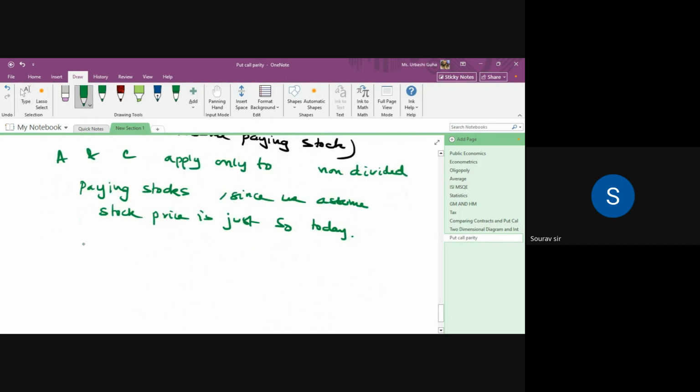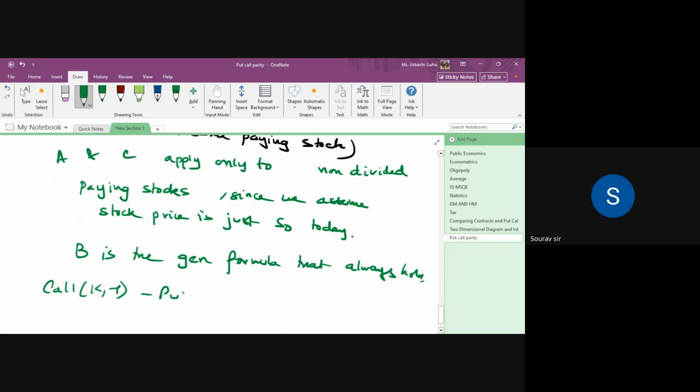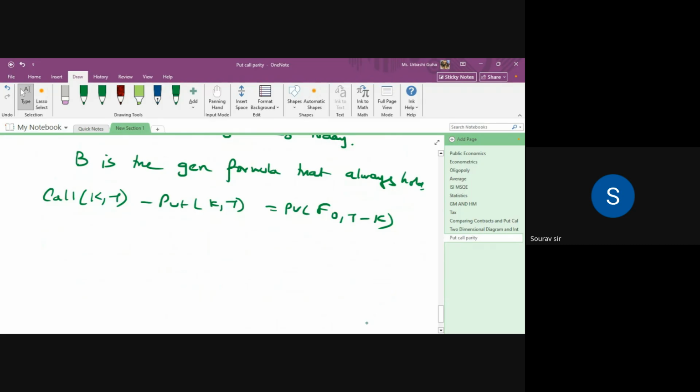And B is the general formula that always works. So that is what: call K,T minus put K,T is equal to PV of F naught,T minus K. Or equivalently, you can say C minus P is equal to S naught minus PV K. So this is what? This is a non-dividend stock.